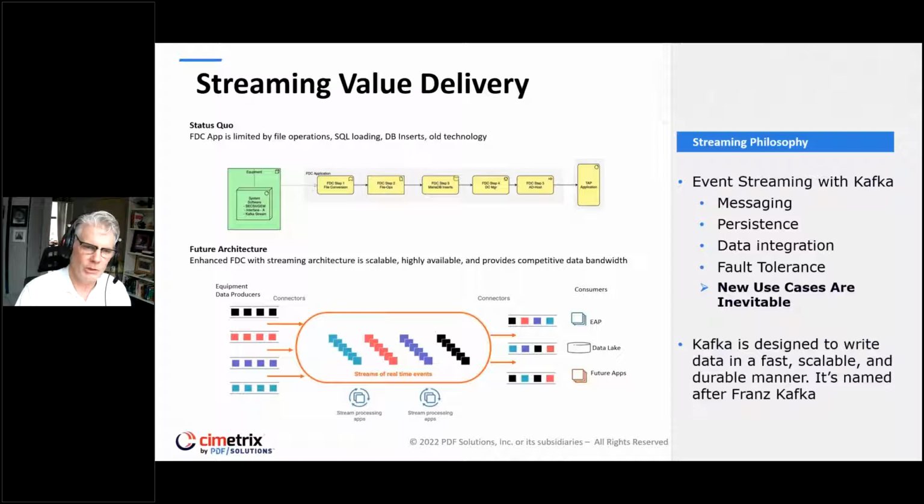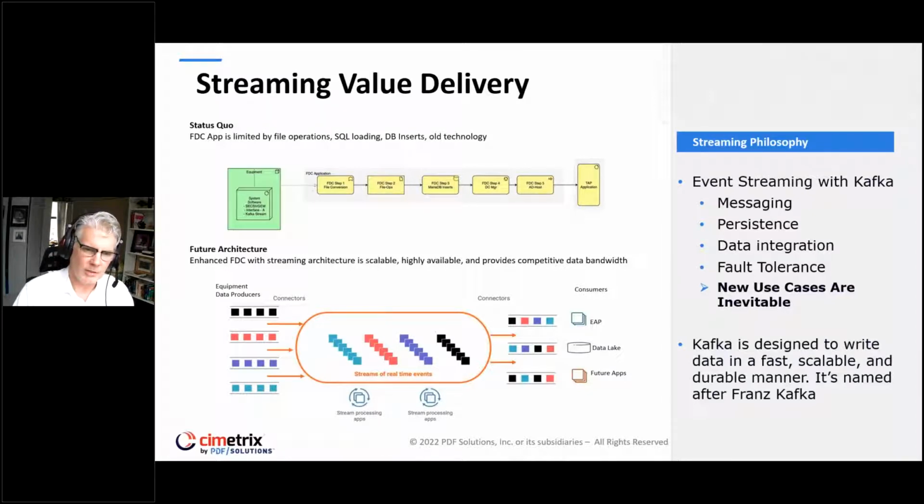On the left, you have a tool in green, and this tool is producing a lot more data than some of its legacy peers. That data is in the form of a flat file or some event like that. The file needs to be parsed in step 1 and 2, and then it needs to be SQL loaded in step 3 and put into a database manager, and so this legacy pipeline is quite limited.